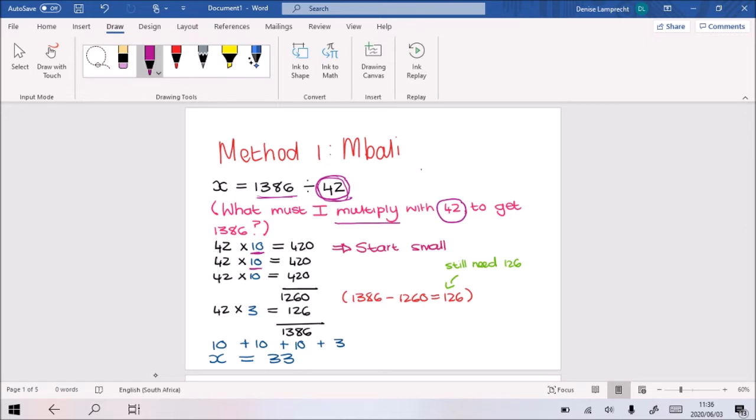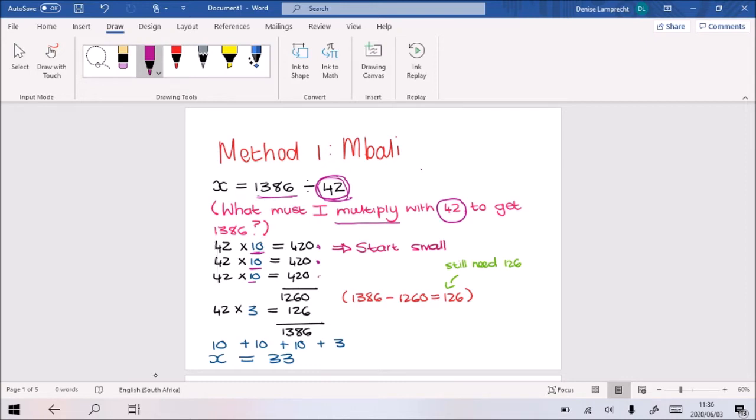42 times 10 equals 420. Now it's easy to say that 420 plus 420 is 840. We're still not near. Another step, 42 times 10 equals 420.